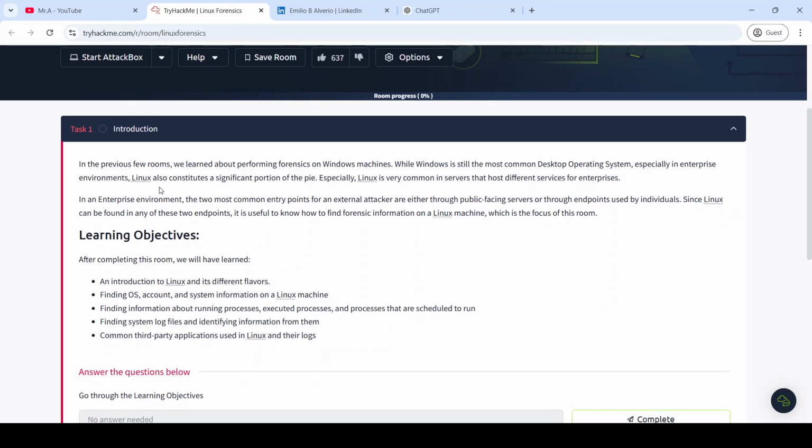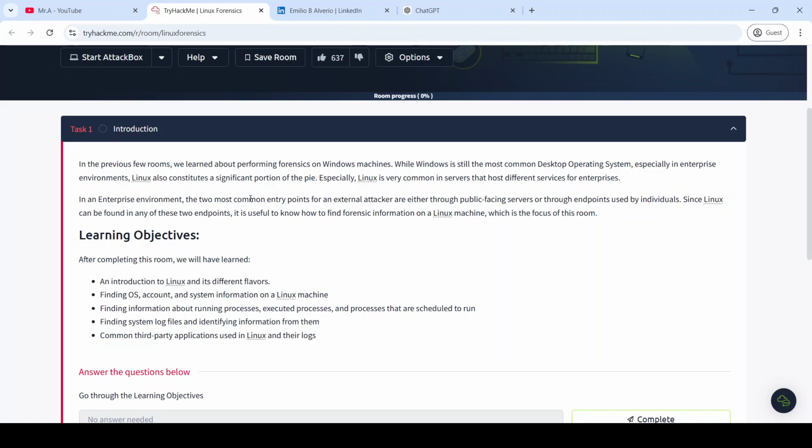So introduction. In the previous few rooms, we learned about performing forensics on Windows machines. While Windows is still the most common desktop operating system, especially in the enterprise environment, Linux also constitutes a significant portion of the pie. Especially Linux is very common in servers that host different services for the enterprises.